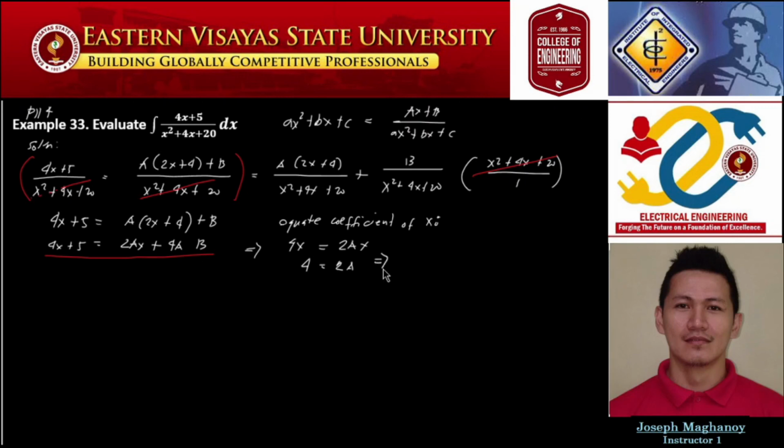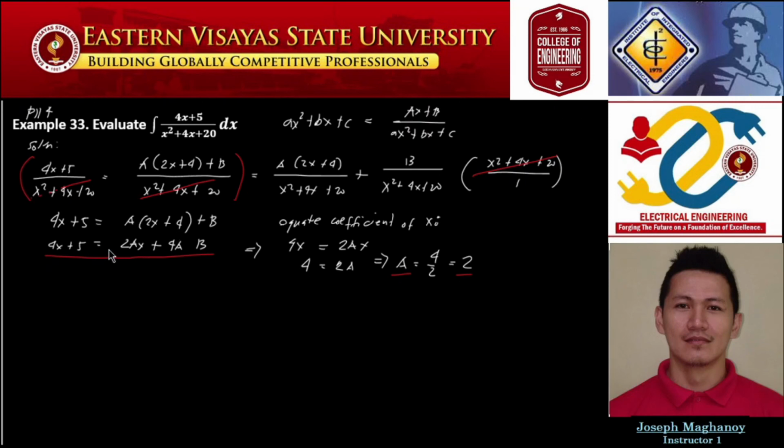So we can say that A is equal to 4 over 2, or A is equal to 2. So we have an answer for our letter A. We have 2. So let's continue to evaluate and get the values.